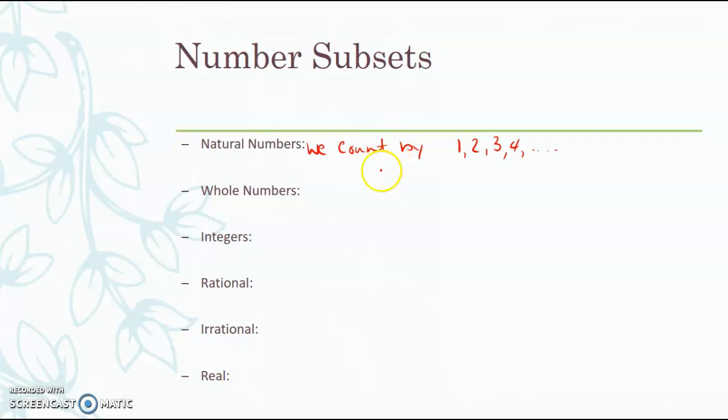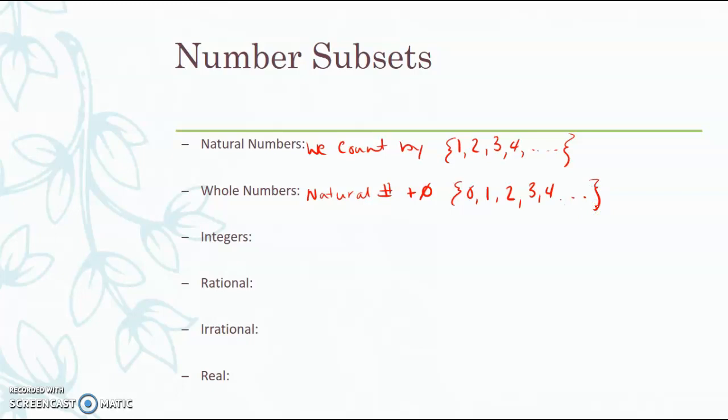So then when we get to whole numbers, we just add 0. So this is our natural numbers, those natural numbers we count by, plus 0. So, for example, let's put these in pretty brackets so we know it's a number set. 0, 1, 2, 3, 4, and it goes on.